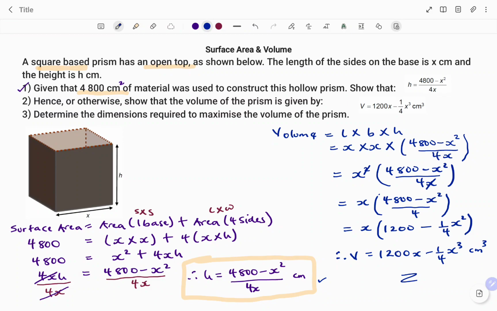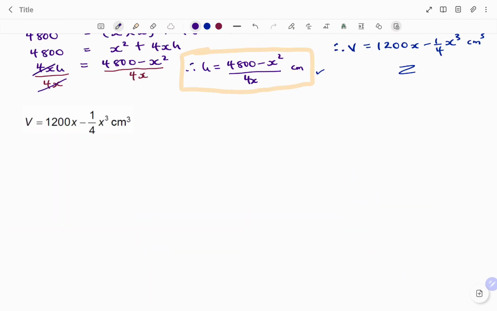Let's look at the last part of the question that says we are to determine the dimensions required to maximize the volume of the prism. To maximize the volume of the prism, we need to find dV/dx. That is, our dV/dx will be equal to 0. V has been given as 1,200x minus 1/4 x cubed.